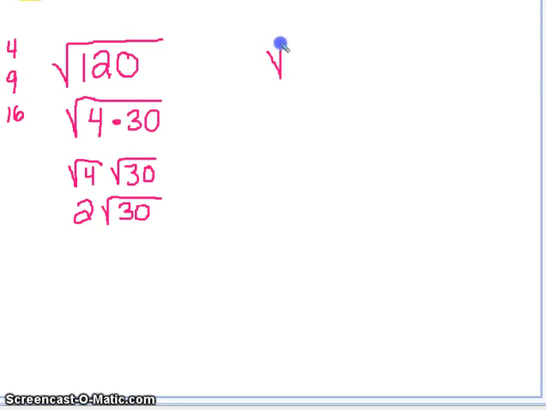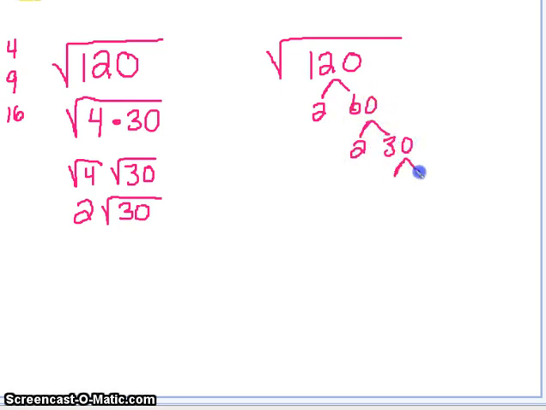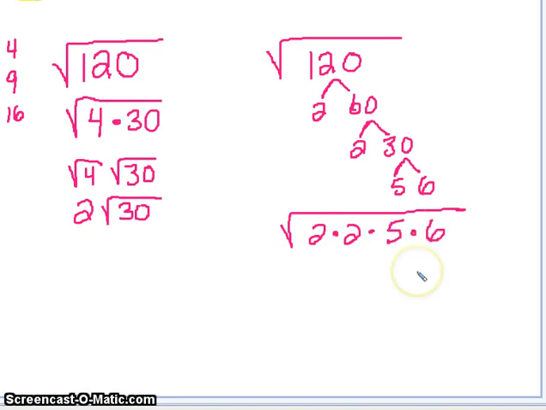Now, for those of you who are prime factorization candidates, you may do that: it's 2 times 60. 60 is 2 times 30. And 30 is 5 times 6. However you break that down, what you would have under your radical is 2 times 2 times 5 times 6. You have to do the prime factorization.